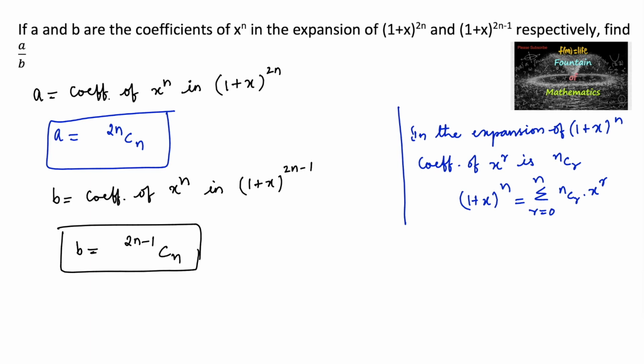Now we need to find a upon b. So consider a upon b, which is equal to 2nCn upon (2n - 1)Cn.